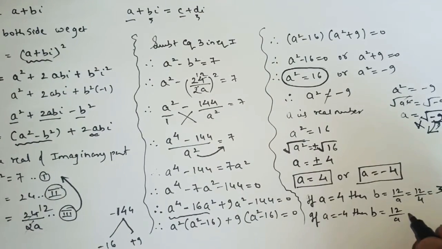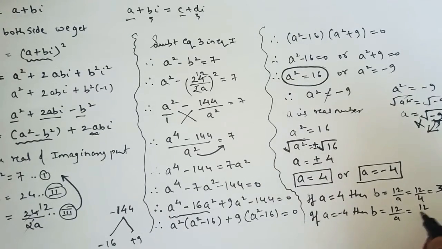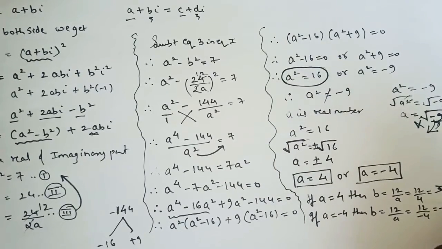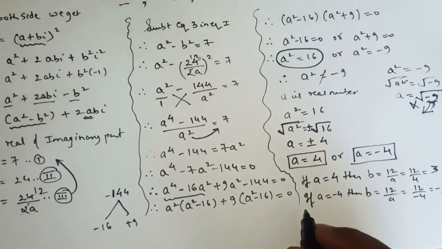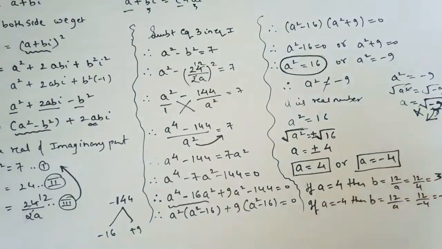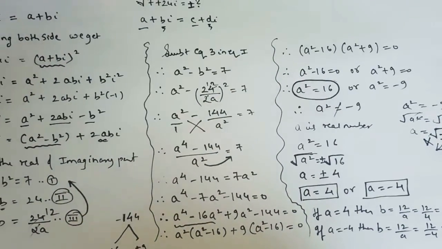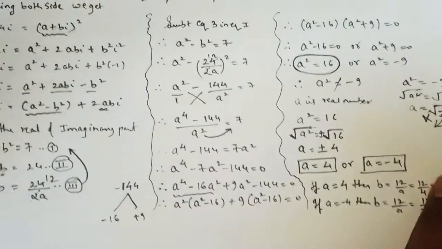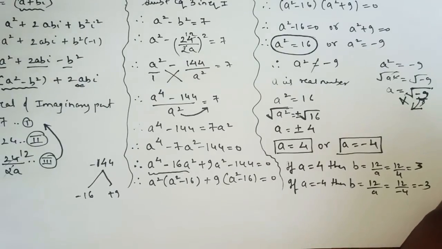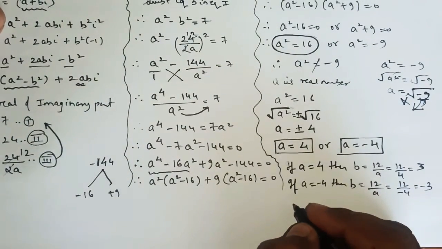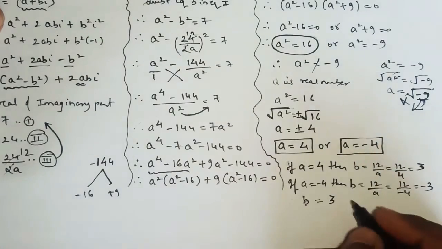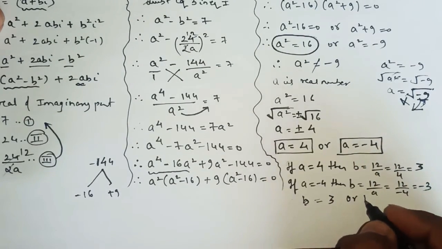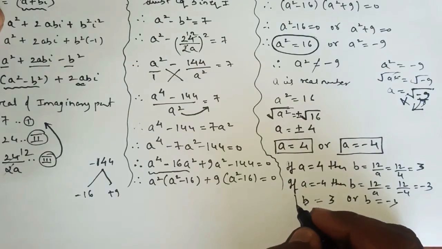Now if a equals to minus 4, then b equals to 12 upon a. So 12 upon minus 4, your answer will be minus 3. So here we got the value of b also. So what is the value of b here? One value of b is 3, and the second value is minus 3.